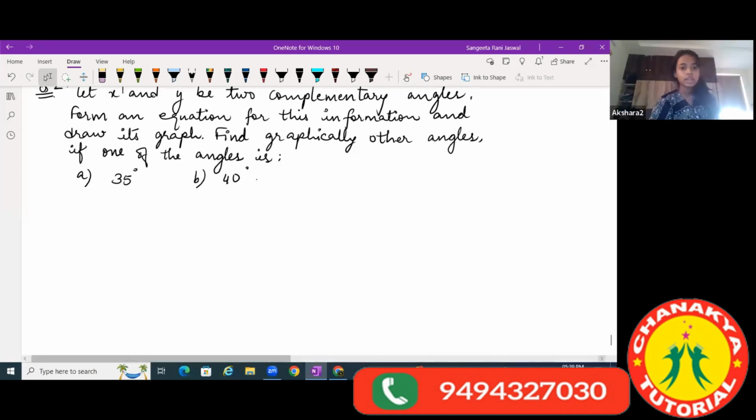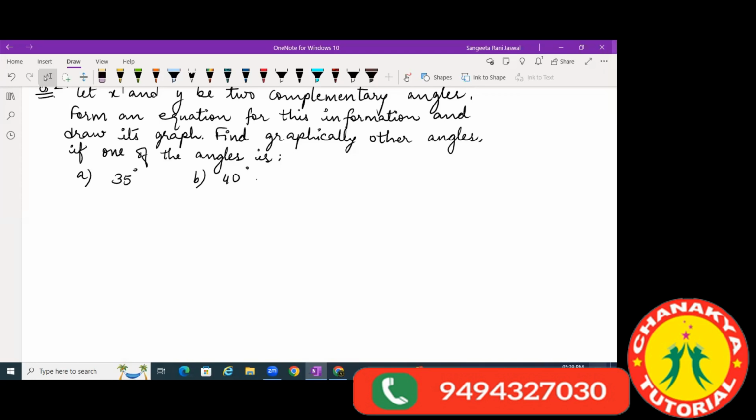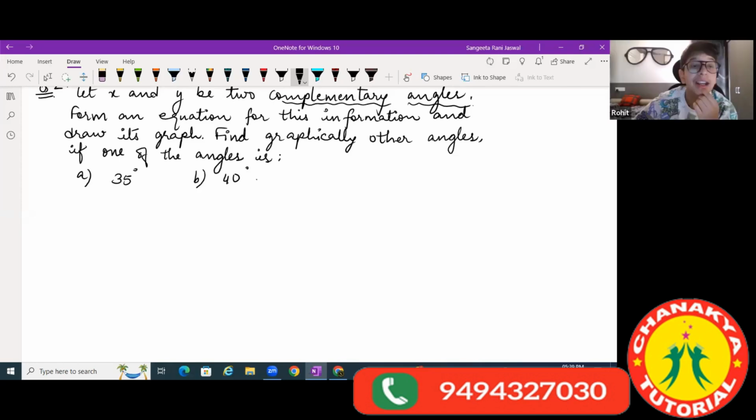Let x and y be two complementary angles. Form an equation for this information and draw its graph. Find graphically the other angle if one of the angles is A 35 degrees and B 40 degrees. So do you know what complementary angles are?